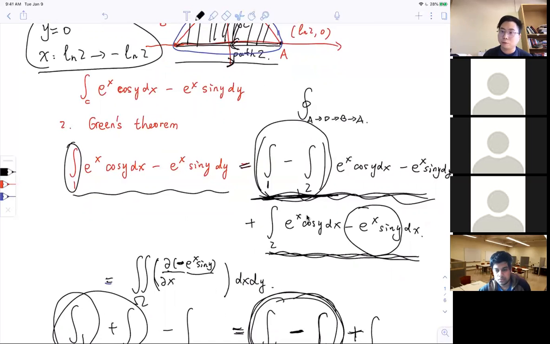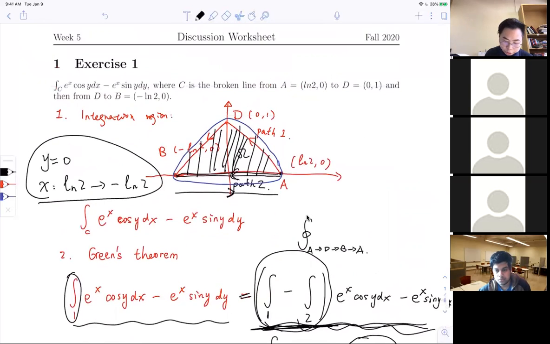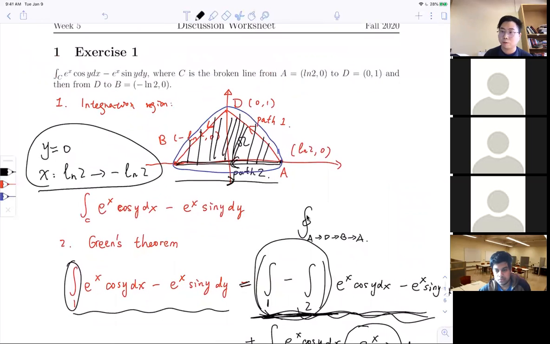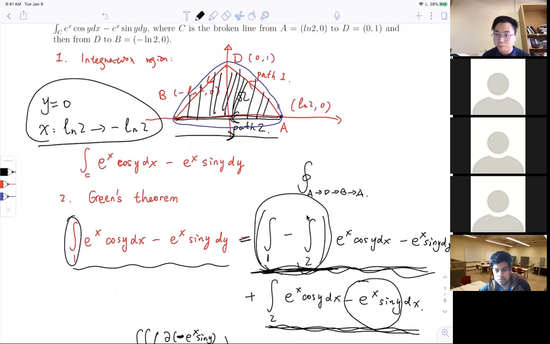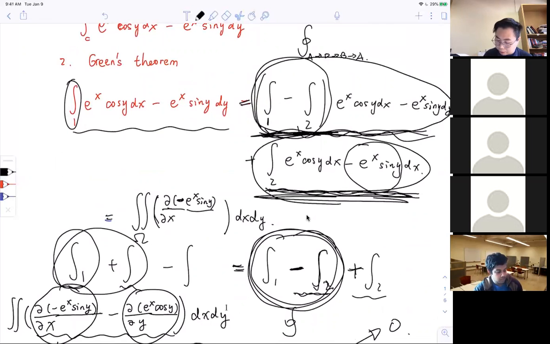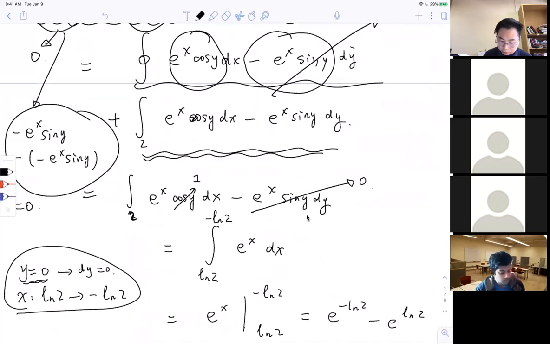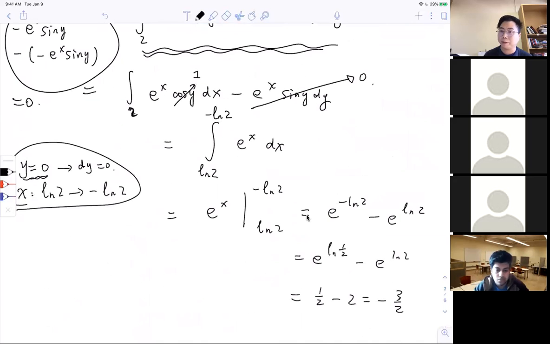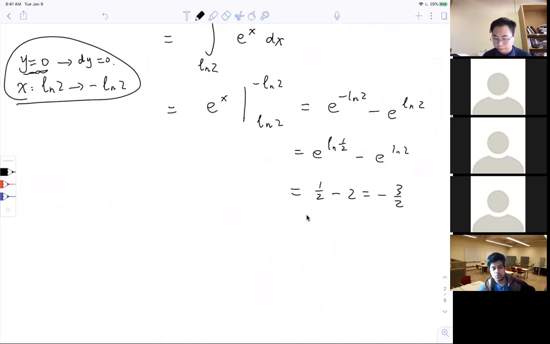Usually it's easier to do compared with the original line integral or surface integral. So for the closed one, you can apply the theorem you want. And for the other piece, you can do the calculation directly, very easily.